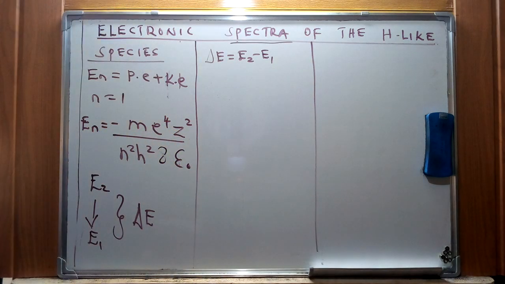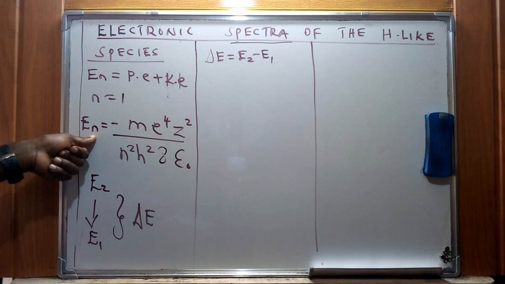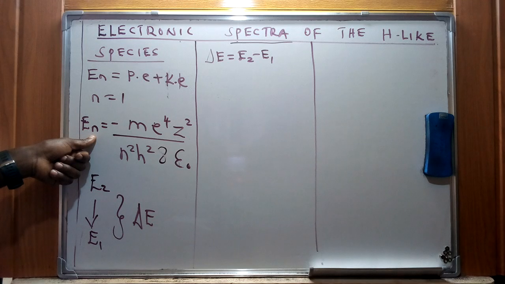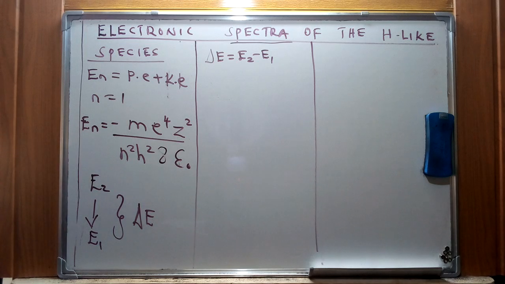Therefore this change in energy is going to represent a value that changes from E2 to E1. We can do a substitution for the quantum numbers n1 and n2, which are the two specific energy levels. We can illustrate this using these two specific cases.